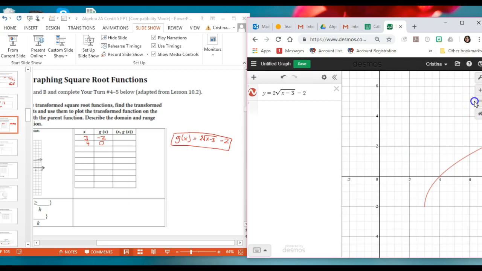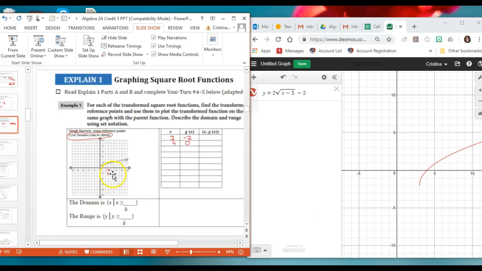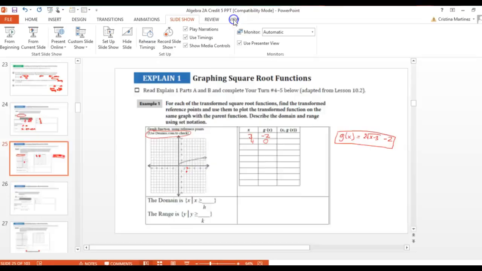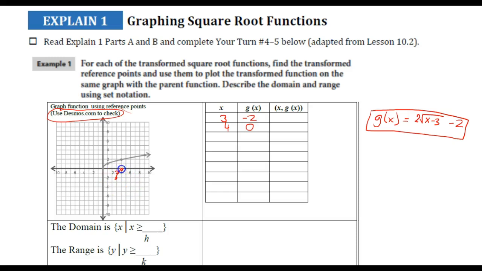As I'm trying to zoom in and out, so I can have a little bit of a graph here, I'm going to maximize this and draw on here that graph. So that would be a sketch of that.